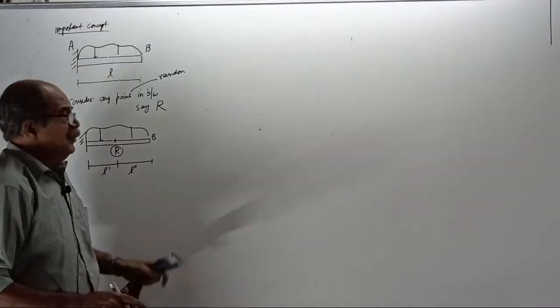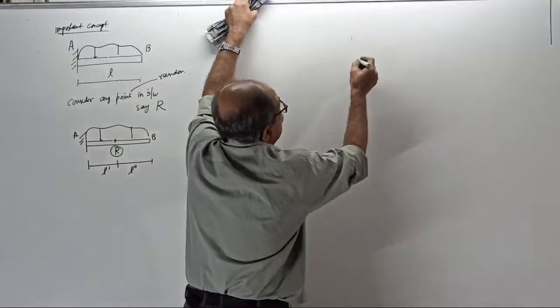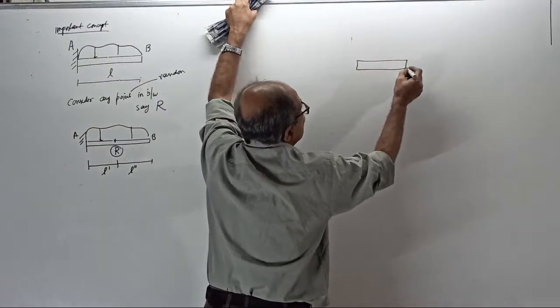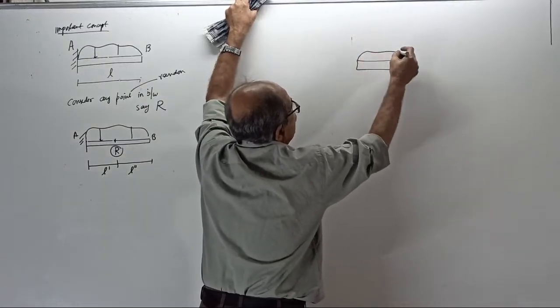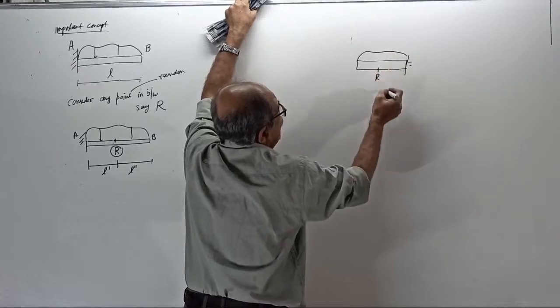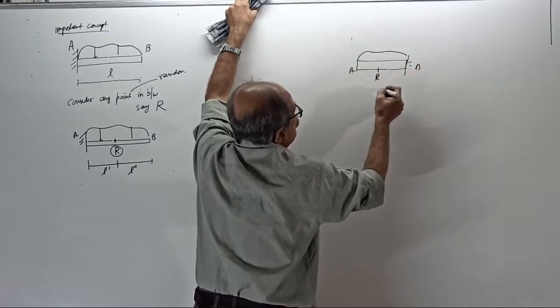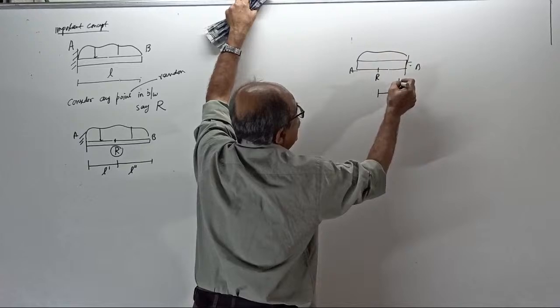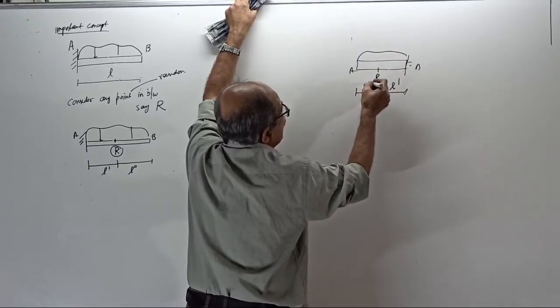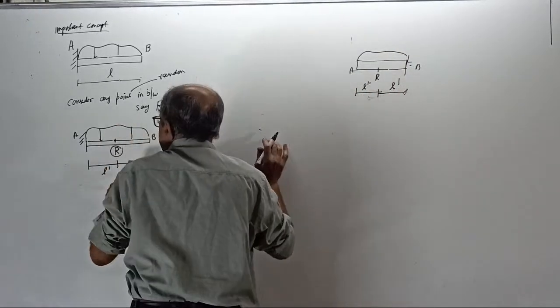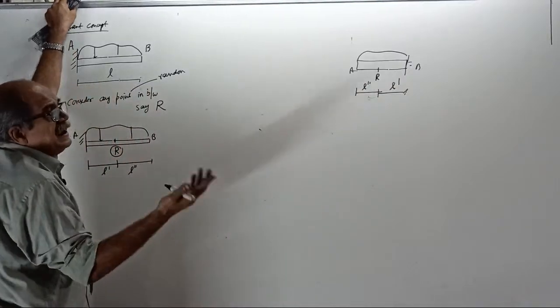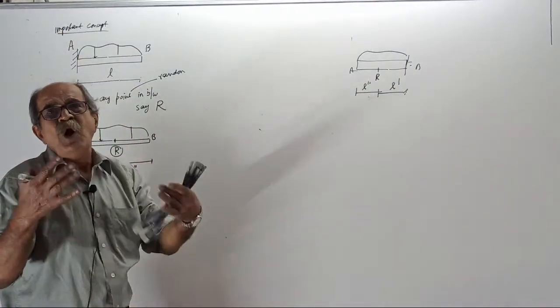So in case the cantilever is like this, with any random point R on AB, you take L dash from the fixed end and the remaining L double dash. Later, we will remove all the symbols.